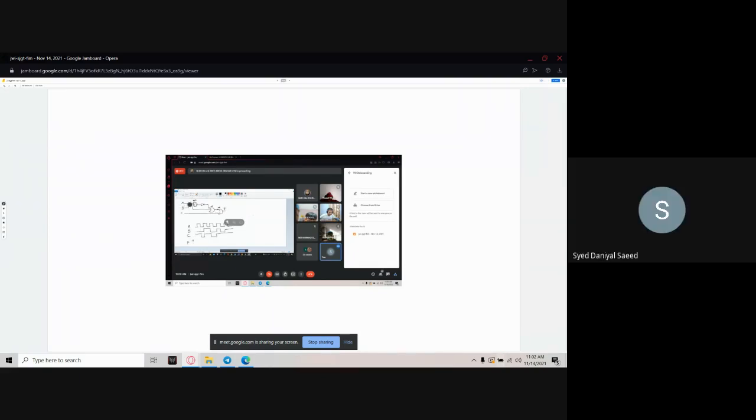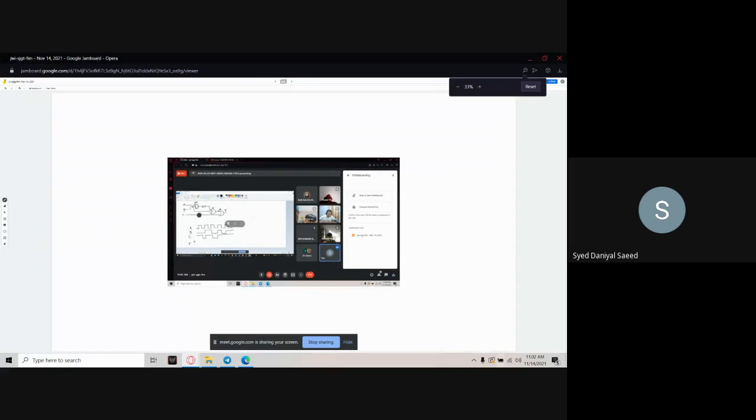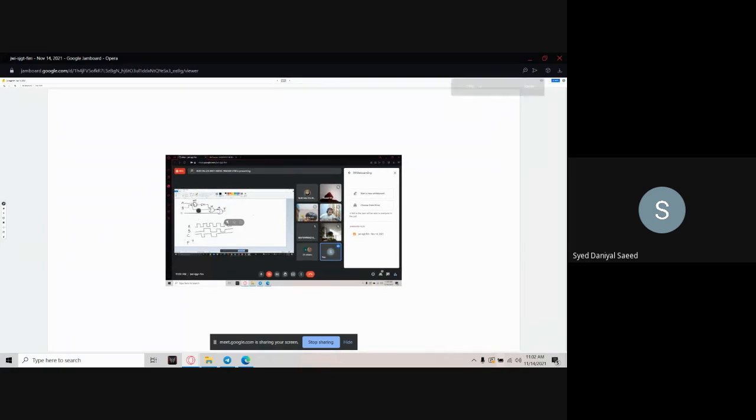Okay, so it's very small, but I will try. So this is an AND gate. This is the A input. First let me just break it down.